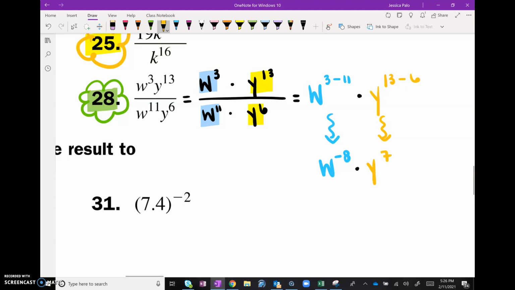Now the instructions were to write using positive exponents only. We have a negative exponent, W to the negative 8th power. Bring that down into the denominator, and your final answer is Y to the 7th over W to the 8th power.